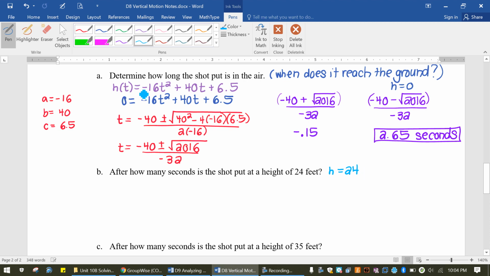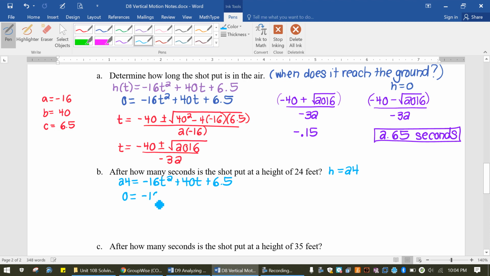So we're going to use the same model, only now it's going to be 24 equals negative 16t squared plus 40t plus 6.5. Now, in order to be able to solve this and to use the quadratic formula, we have to have it equal to 0. So we've got to subtract 24 from both sides in order to get this equal to 0.